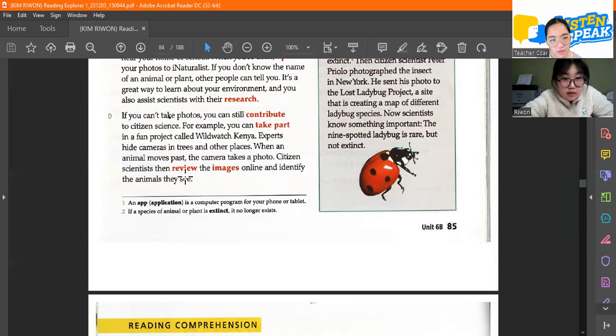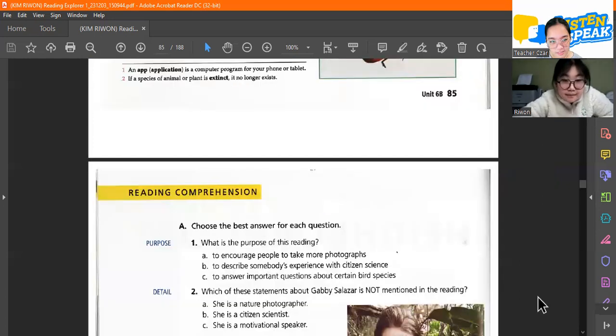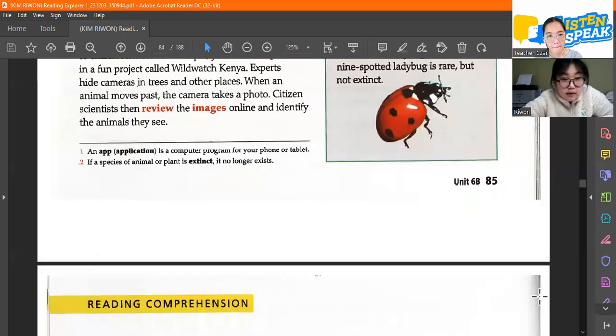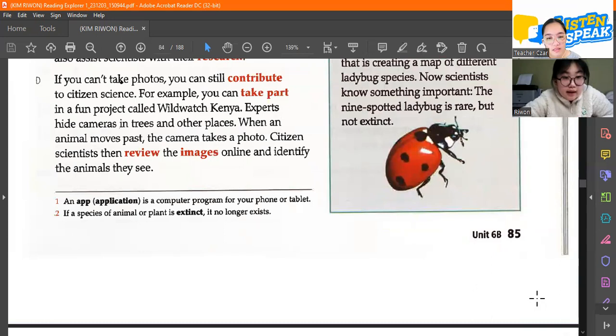Citizen scientists can review the images online and identify the animal they see. Okay, so what do you think they refers to? Citizen scientists. Very good.